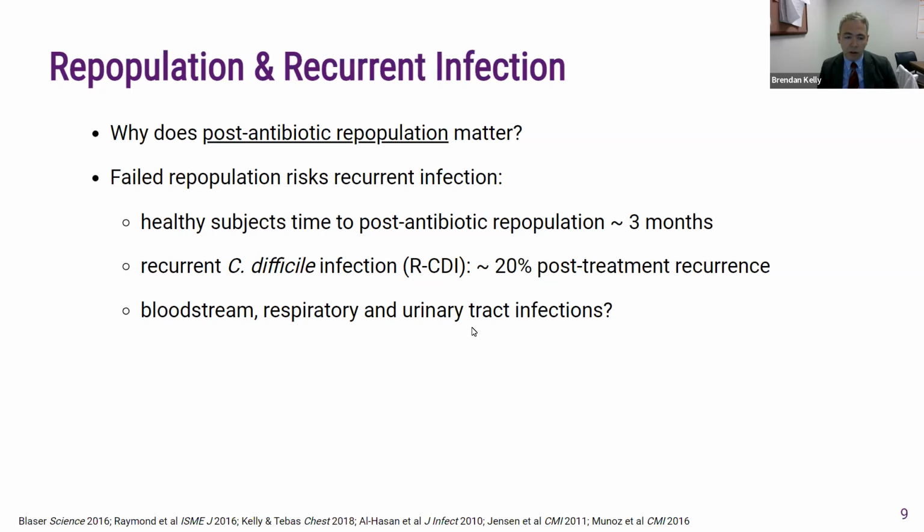We also all know the key example of where post-antibiotic repopulation fails, which is recurrent C. diff infection. C. diff infection of colitis, of bacterial colitis, has about a 20% rate of post-treatment recurrence, and interventions like FMT or fecal transplant, which are targeted to redesigning repopulation after antibiotics, have a very good success rate in resolving recurrent C. diff colitis.